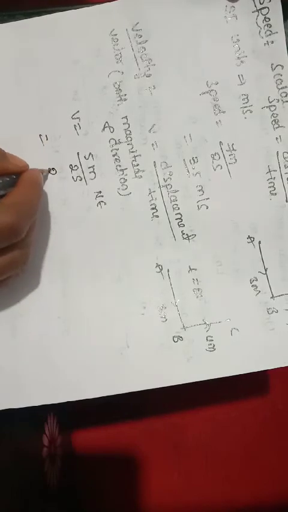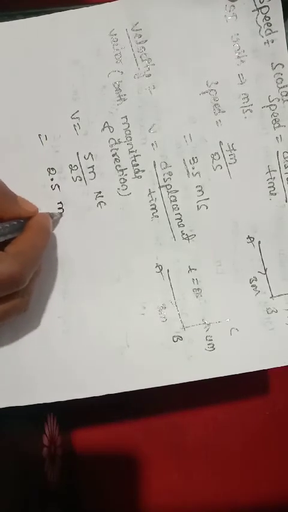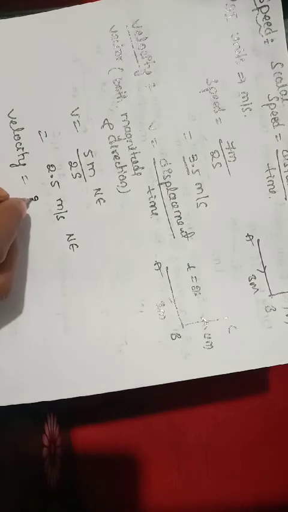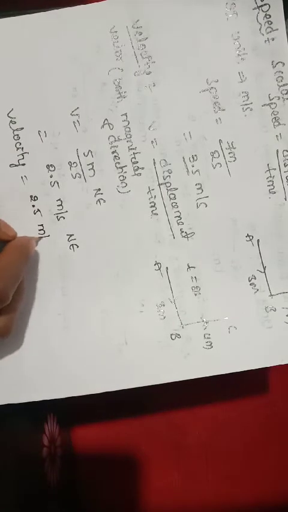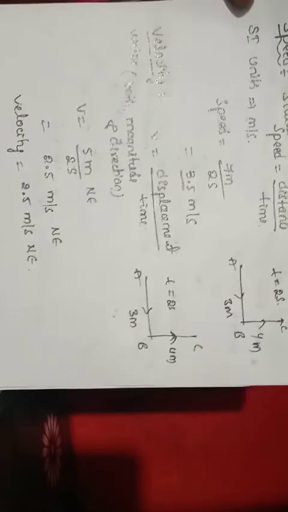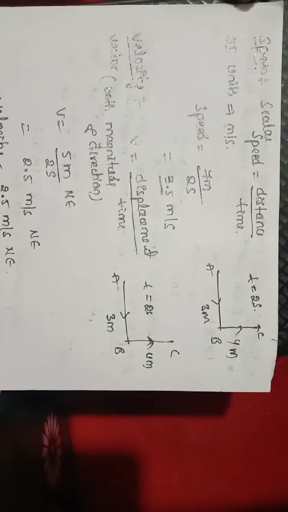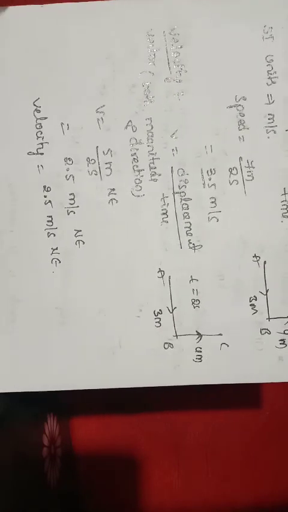Here you will get 2.5 meters per second northeast. So velocity is equal to 2.5 meters per second northeast. Now we understood clearly about velocity and speed, right? Speed, remember, S for scalar. Speed is scalar, velocity is vector: V for vector, S for scalar. Okay, thank you.